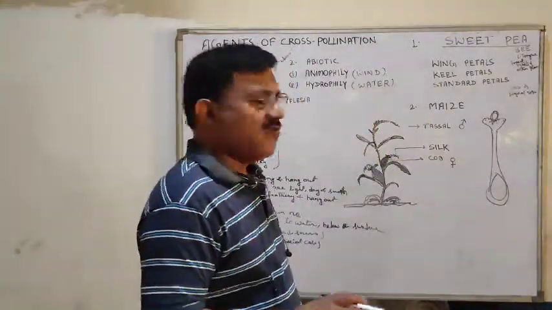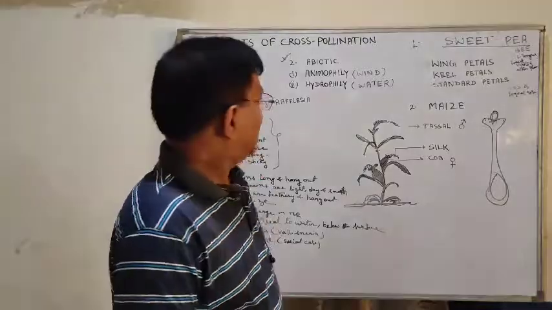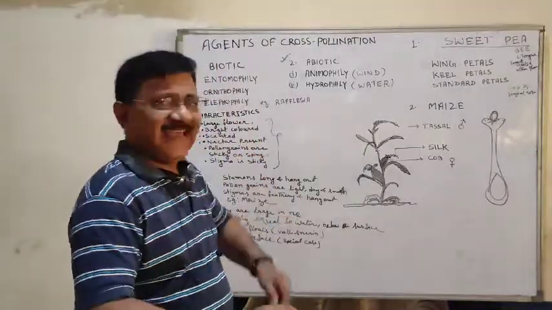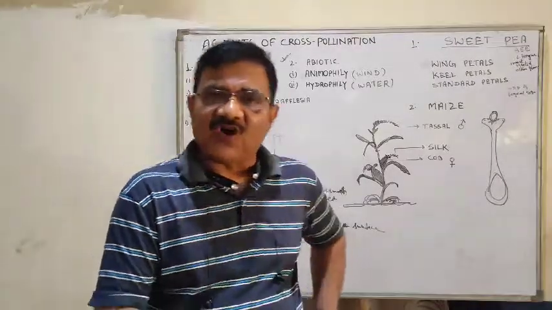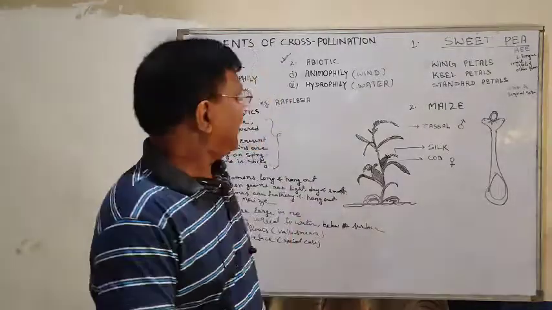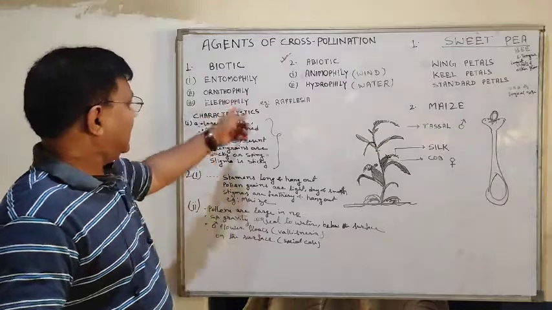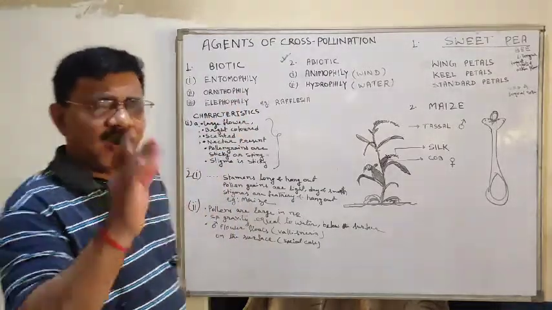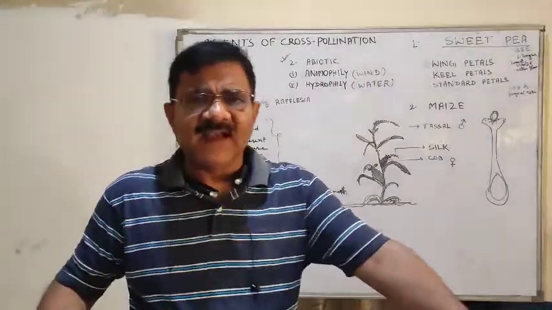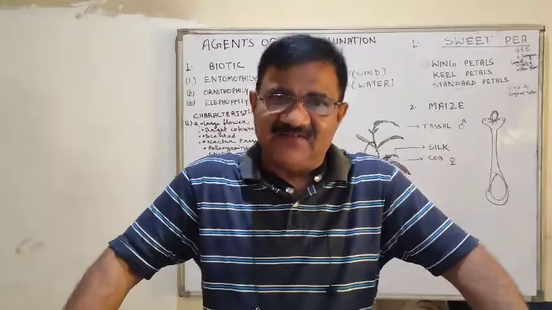So, we have already discussed the biotic agents of cross-pollination, in which we discussed entomophily, ornithophily and chiropterophily. Now we are going to discuss the abiotic agents.